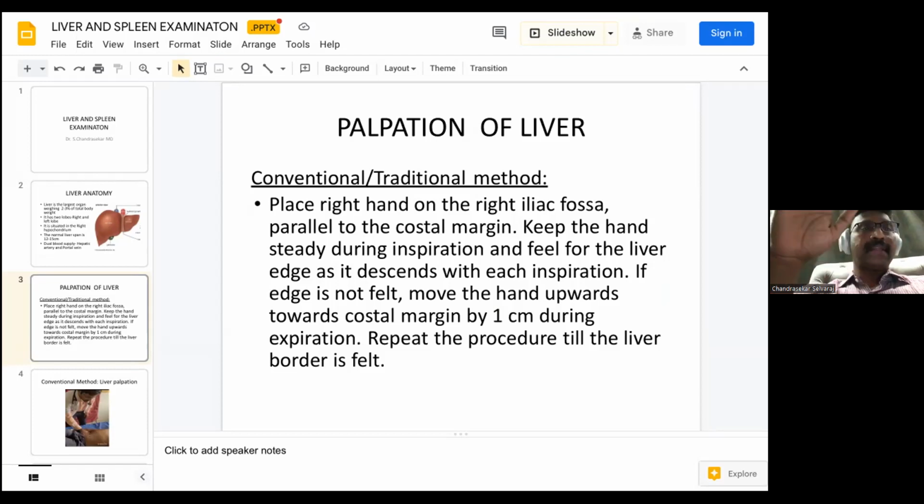We need to come to the right side of the patient and place the right hand on the right iliac fossa, parallel to the costal margin, and keep the hand steady during inspiration and feel for the liver edge as it descends with each inspiration. Suppose the edge is not felt, we need to move the hand upwards towards the costal margin by 1 centimeter during expiration. This is a very simple thing. This has to be repeated until the liver border is felt.